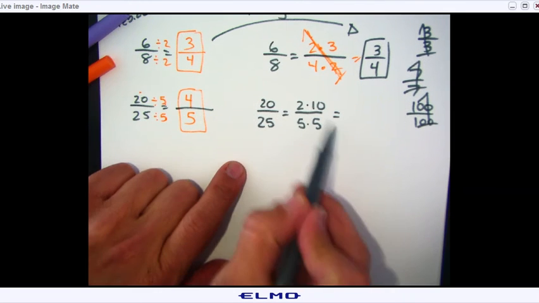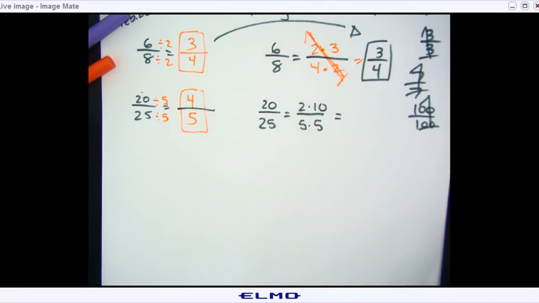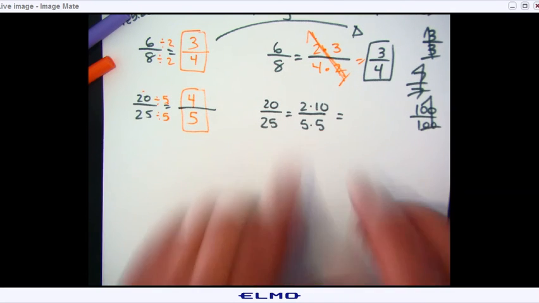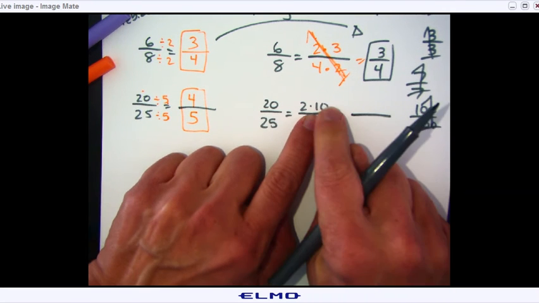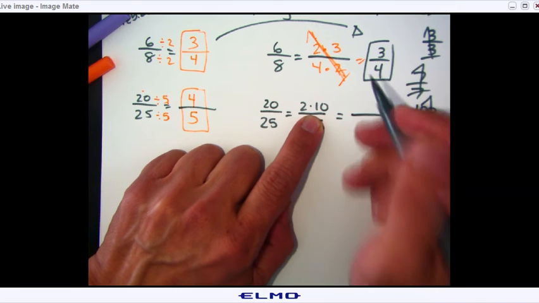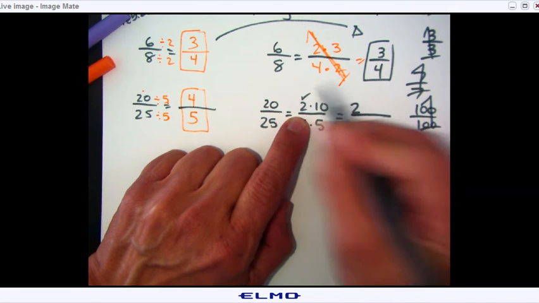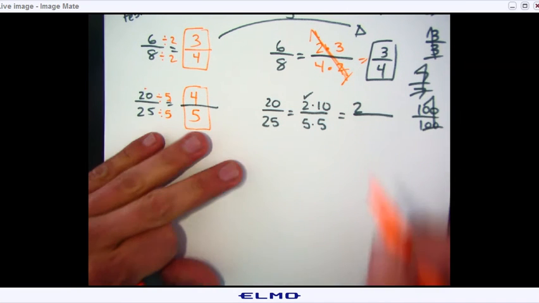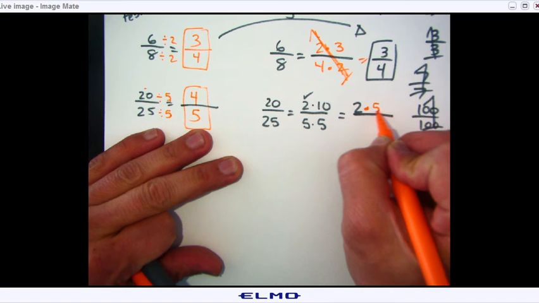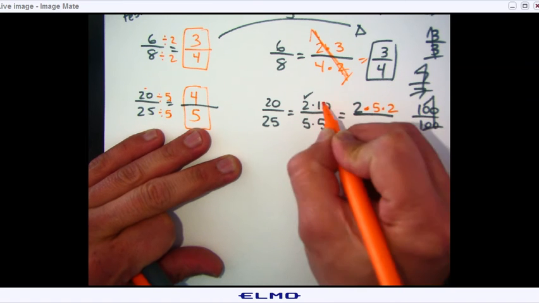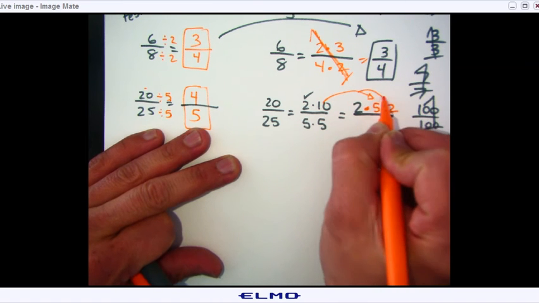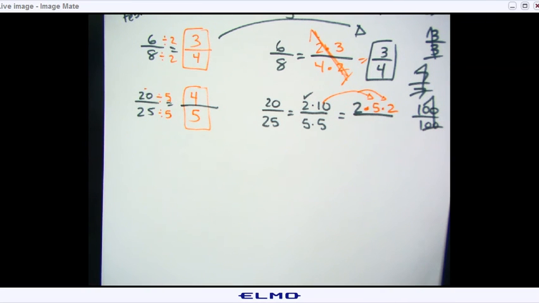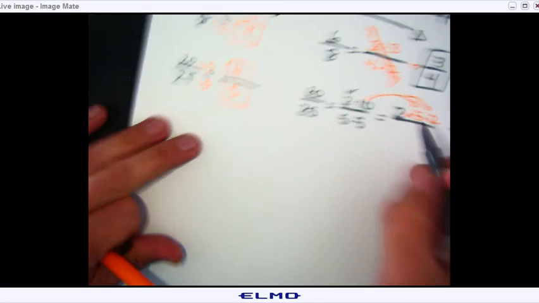When you're faced with this scenario, look at the 10. You can't break down the 2, but the 10 is 5 times 2. And the 5 times 5, leave it alone.